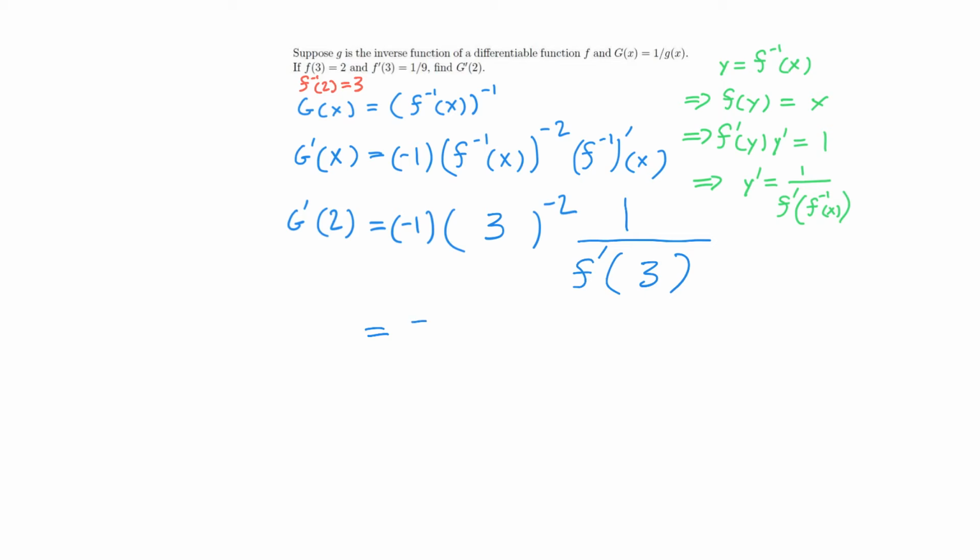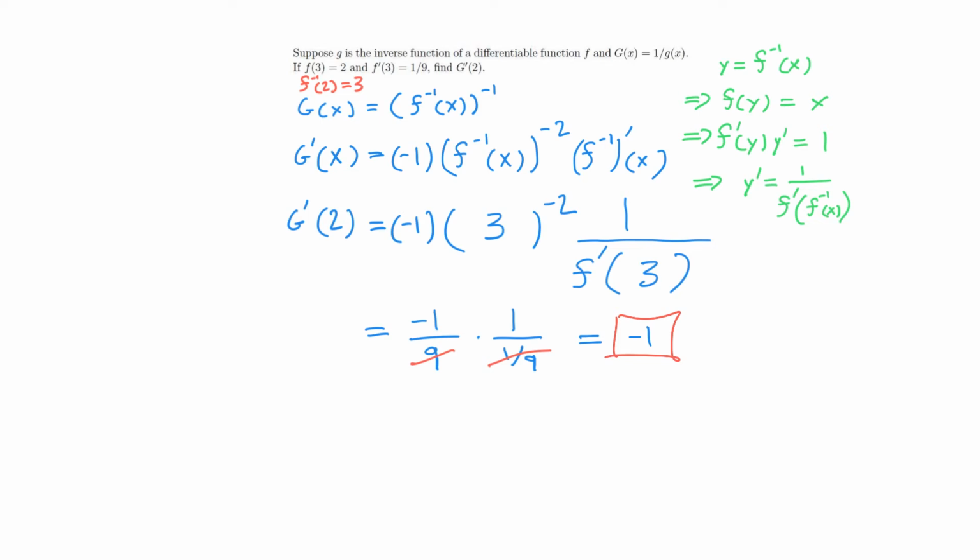We get minus 1 over 3 squared, so 1 over 9. And f prime at 3, it told us that was 1/9. So this would be multiplied by 1 over 1/9. And now, conveniently, we have a 9 and a 1 over 9 going away for us on the bottom, so the whole thing is equal to minus 1 multiplied by 1, which is just minus 1 as our final answer.